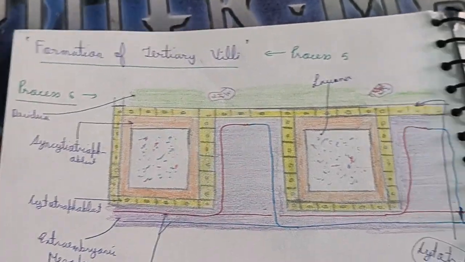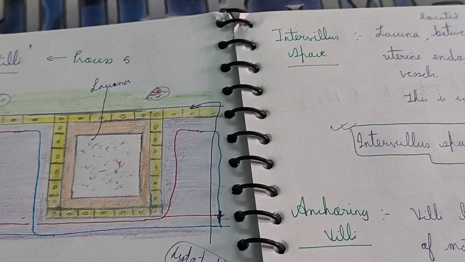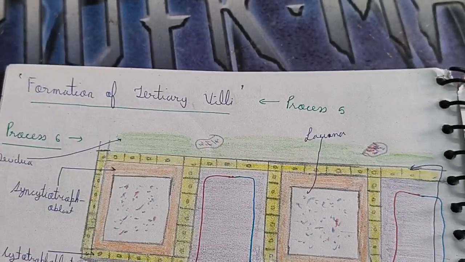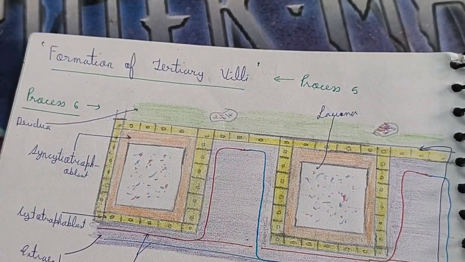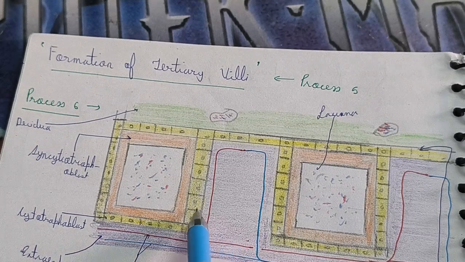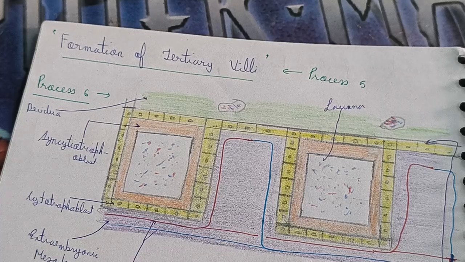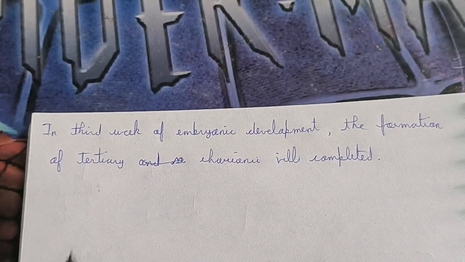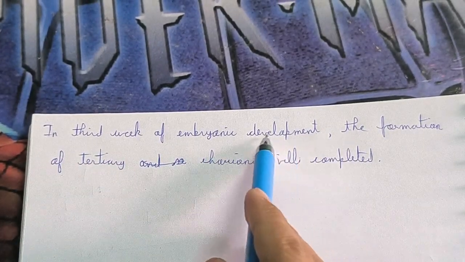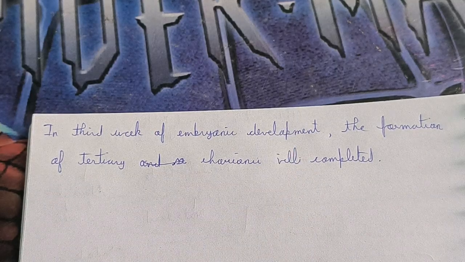So here, tertiary villi consist of an extension of the intraembryonic mesoderm, an extension of cytotrophoblast and also blood vessels. This is also a very important part, that in the third week of embryonic development the formation of tertiary chorionic villi is completed.